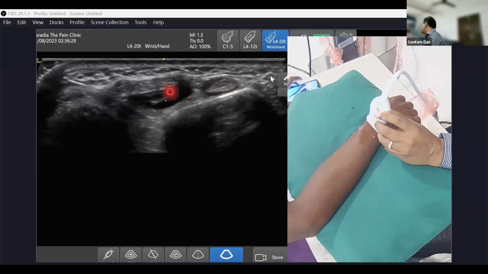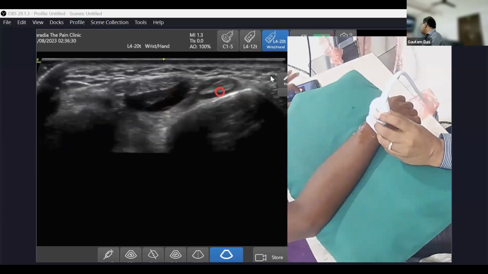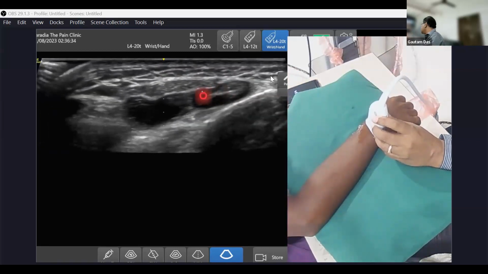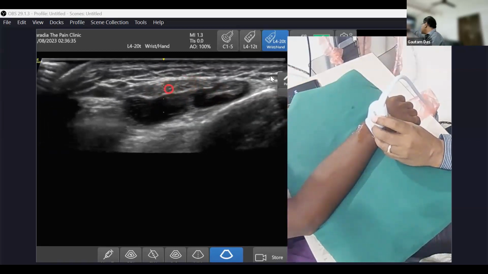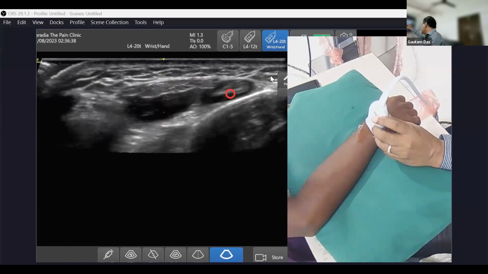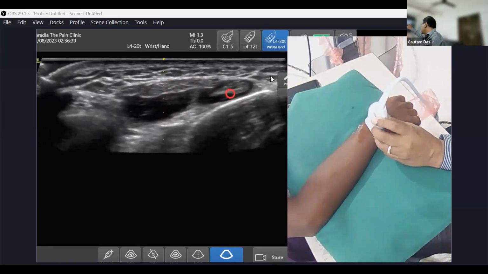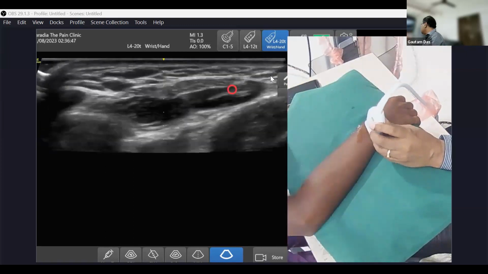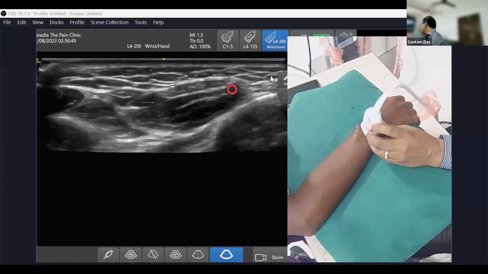These two are deeper muscles. They will be crossing below the extensor digitorum. This was the extensor indicis, this was the extensor pollicis. If I'm tracing more proximally, these two muscles, first the extensor indicis and this the extensor pollicis, will be going below these extensor digitorum muscles and going to the radial side.